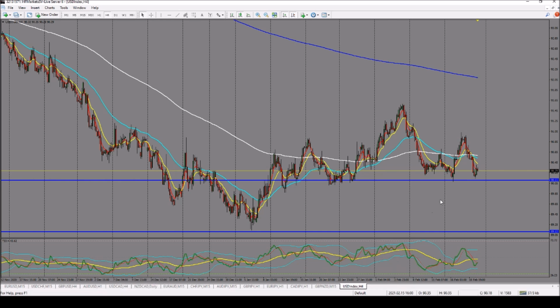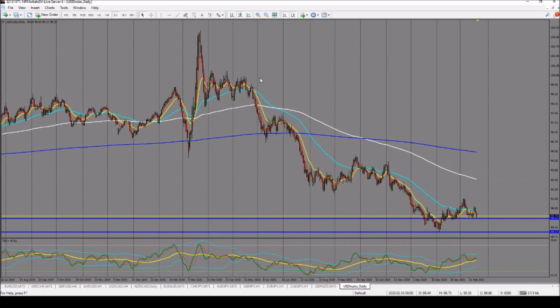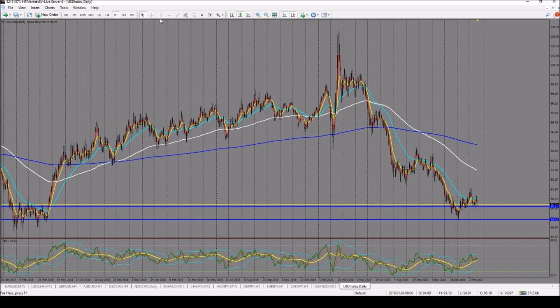To begin, we'll start with the USD index, which is the guide of the dollar as a currency. The first thing I always do is go on the higher time frame. In this instance, I'm going to use the daily time frame, and from there we can see that we had the first impulse, after that the second impulse, and the last impulse.